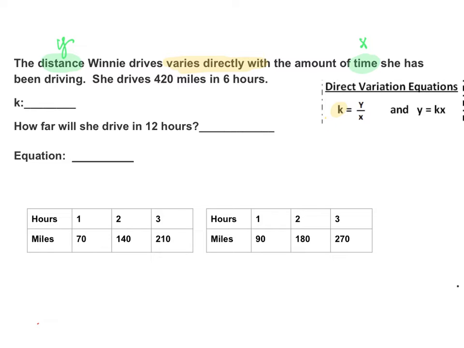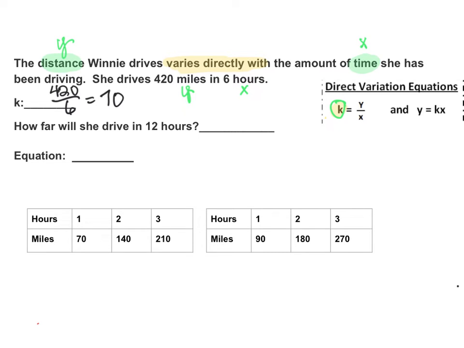So we know that here distance, miles, is going to vary directly with the hours. In order to find the K, we are going to take 420 and divide that by 6 hours. And we are going to get 70.